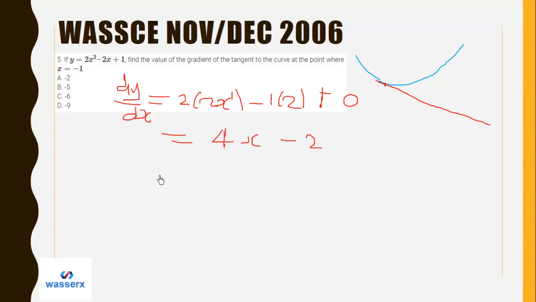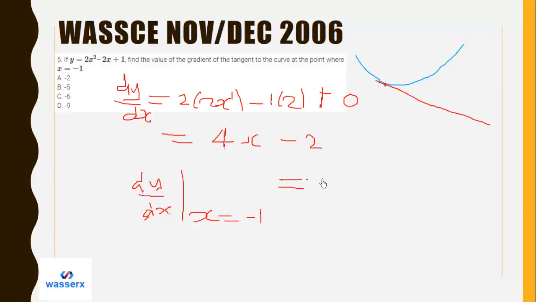So at x equals -1, we have dy/dx. This is how we write it. dy/dx at x equals -1 means that we substitute x equals -1 into the gradient function.